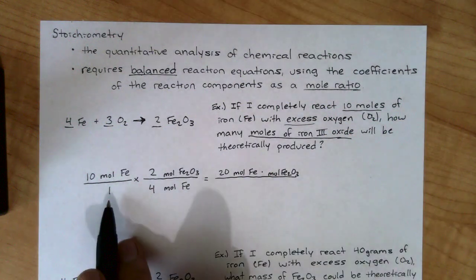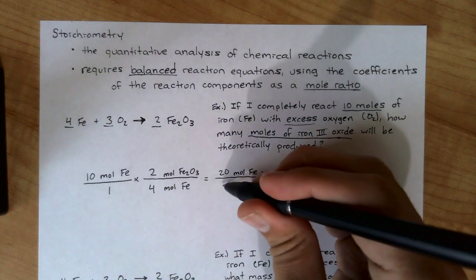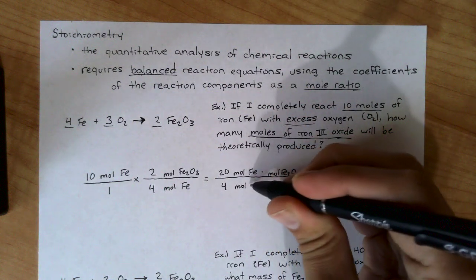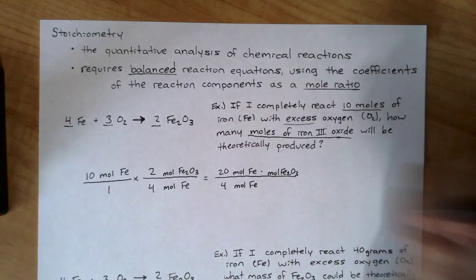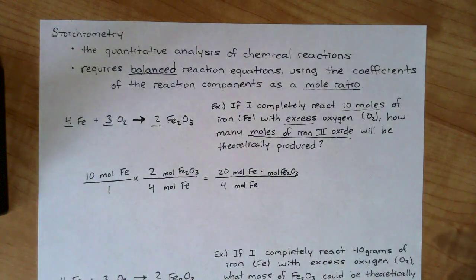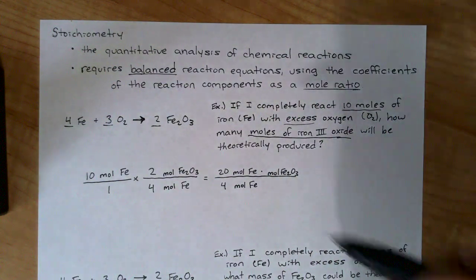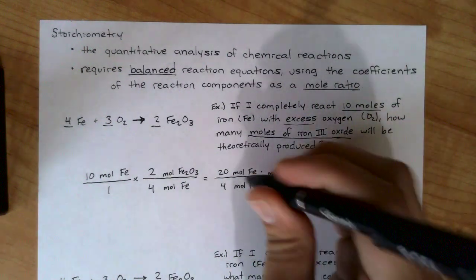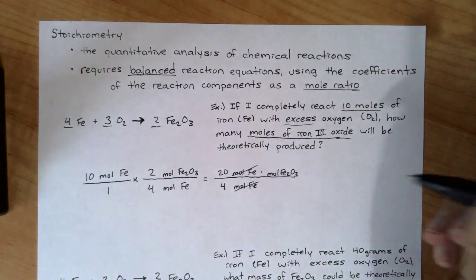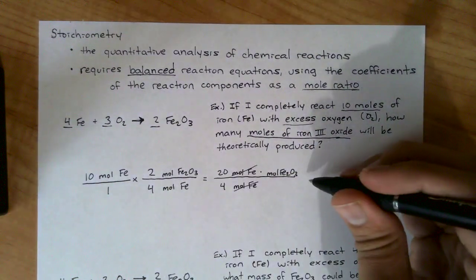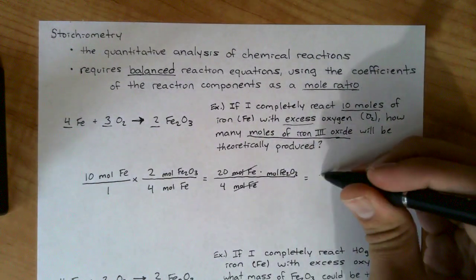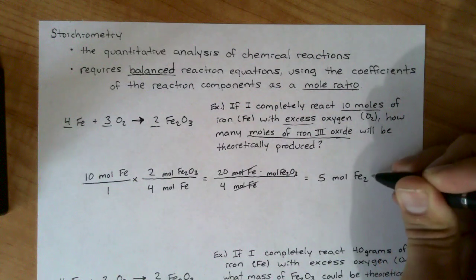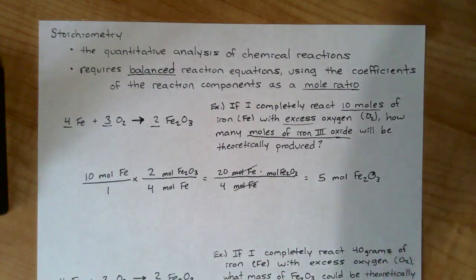In the denominator, this number doesn't have any units, so that's convenient. 4 times 1 is, you guessed it, 4, and the units come along as well, moles of iron. At this point, you can just simplify the fraction. Well, we have moles of iron on the top and the bottom, in the numerator and the denominator, so we're going to cancel them out. And then 20 divided by 4, that is 5. So we are left with this as our answer, 5 moles of iron(III) oxide.